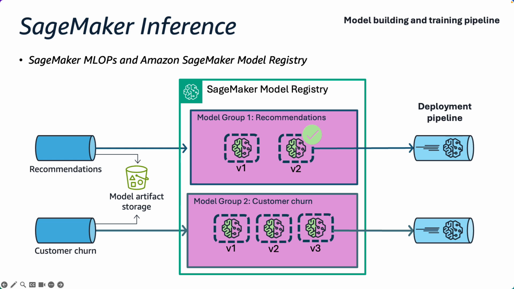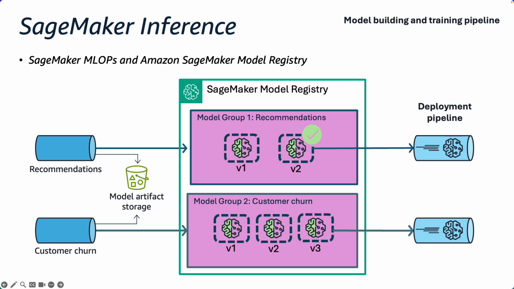Inf1 instances are built to support machine learning inference applications and feature the AWS Inferentia chips. Inf1 instances provide higher throughput and lower cost per inference than GPU-based instances. To deploy on Inf1 instances, compile your model with SageMaker Neo, and choose an Inf1 instance for your deployment option.